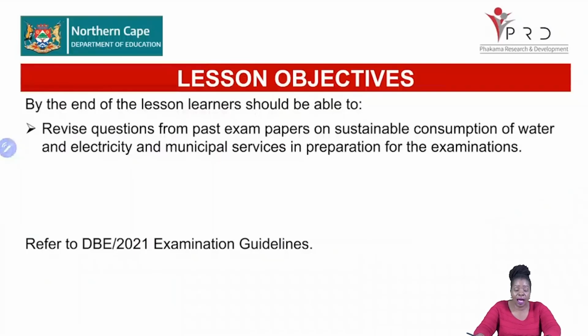We want to revise questions from past exam papers on sustainable consumption of water and electricity and municipal services in preparation for the examinations, and refer to DBE 2021 examination guidelines.